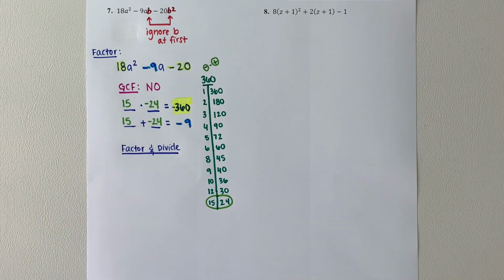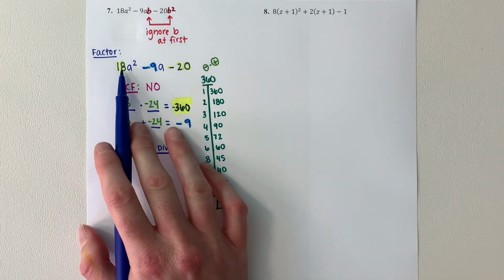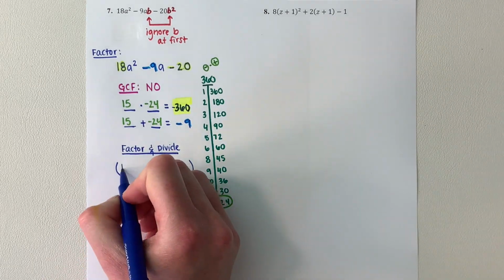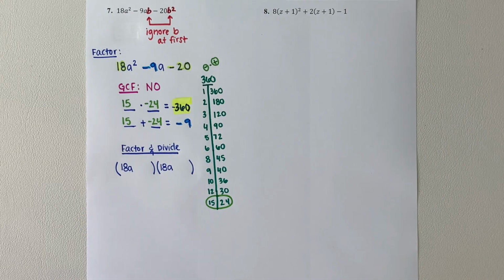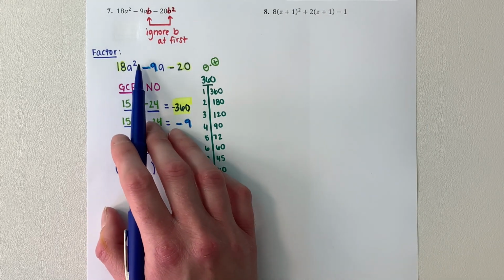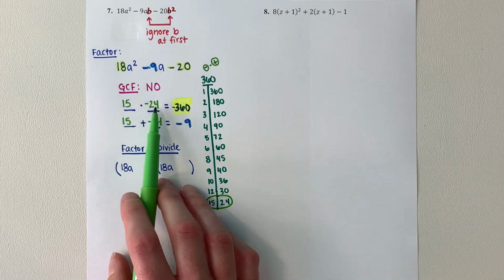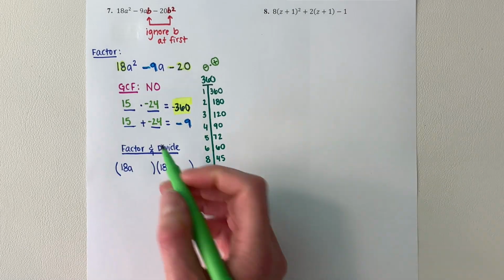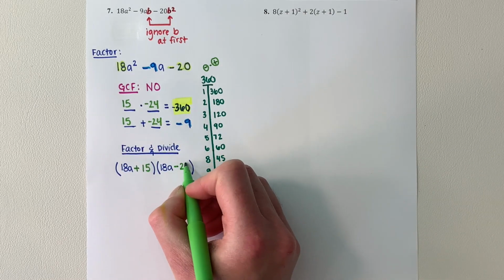For the factor and divide method, we start by drawing our parentheses. Since this is 18a squared, we put an 18a and an 18a in the first position in each parenthesis. If this, for example, was a 6a squared, then we'd put a 6a and a 6a. Then we insert these green numbers into the blanks, so we'll put a plus 15 into one of the blanks and a minus 24 into the other.